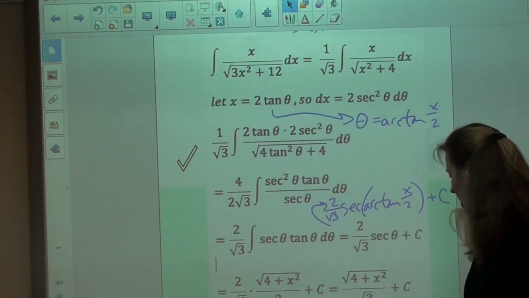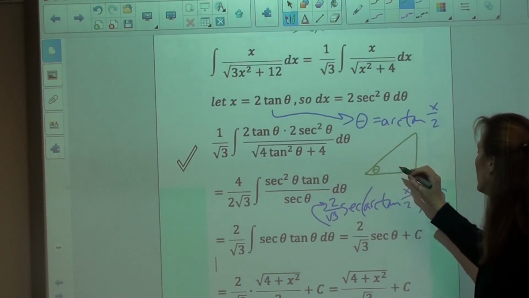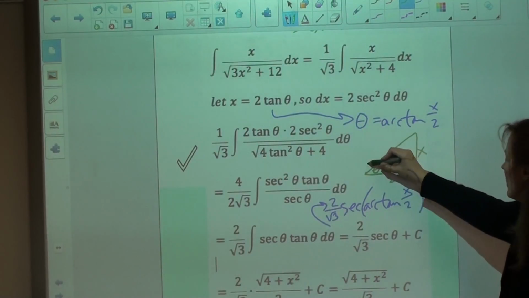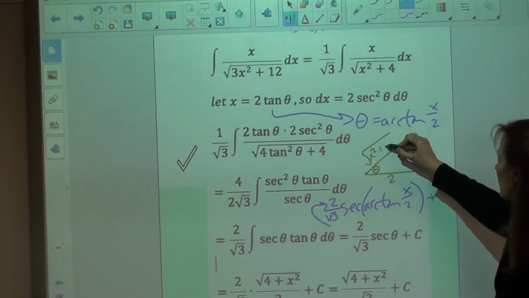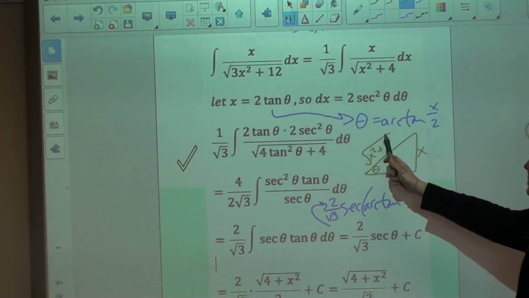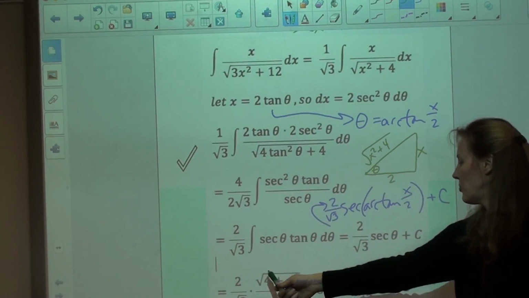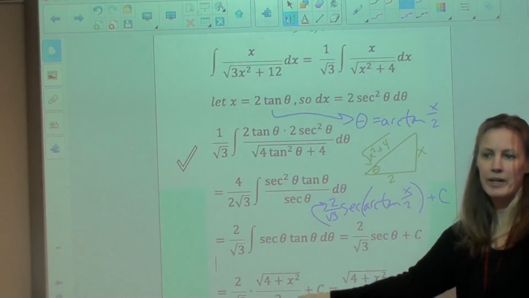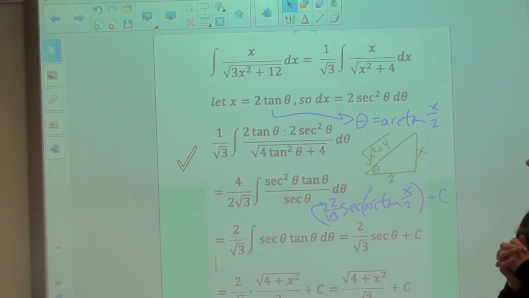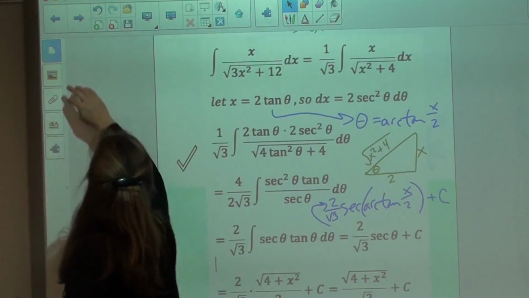And then if I draw a triangle, tangent is opposite over adjacent, x over 2, hypotenuse square root of x squared plus 4. So then secant is hypotenuse over adjacent, so it's root of x squared plus 4 over 2, and then the 2's cancel. How's that sit? Okay? Good, let's try another one.